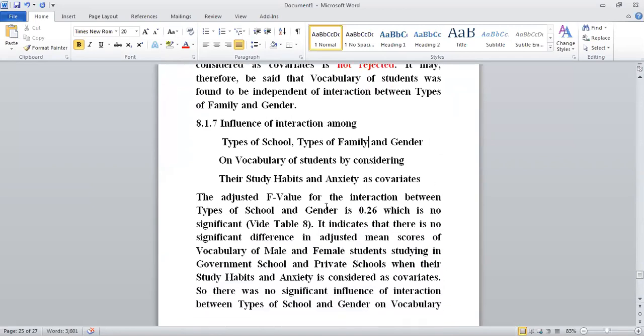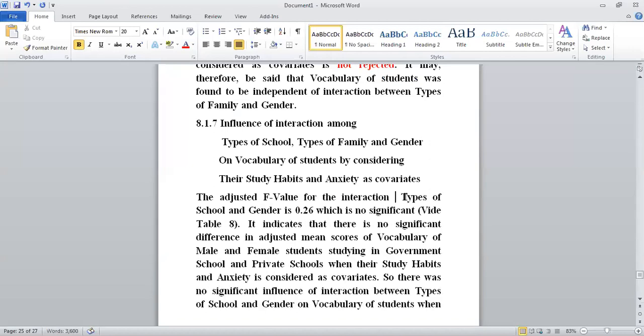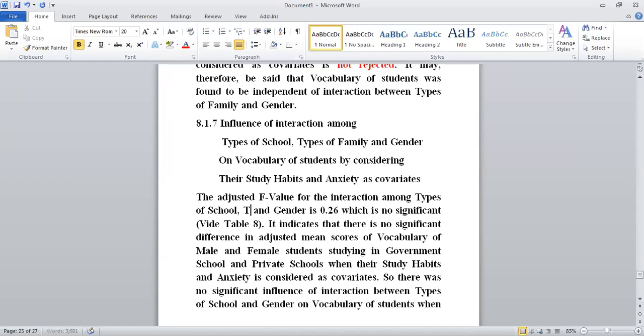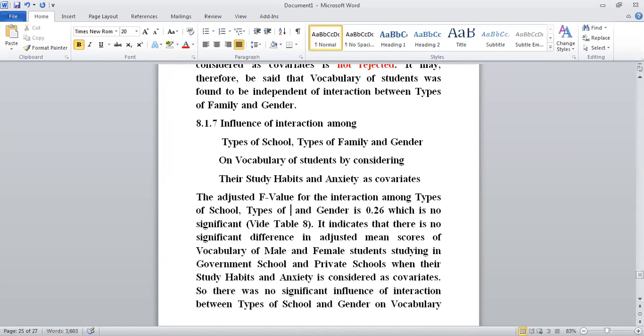The adjusted F value for interaction among types of school, types of family and gender is 1.58, which is not significant.